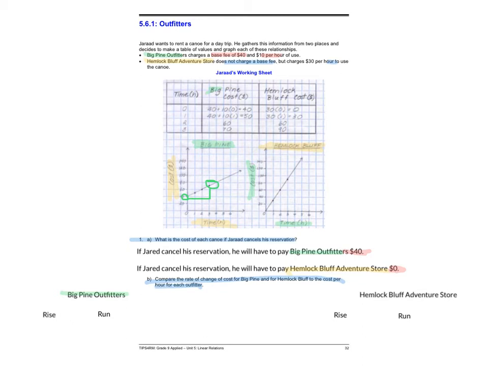So that means that we are going from 40 up to 70, giving us a rise of 30. 40 happens at 0 hours, and we move all the way over to 3 hours. So our run is 3 hours.